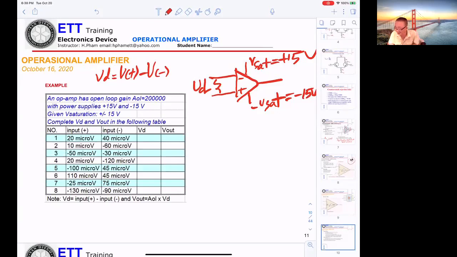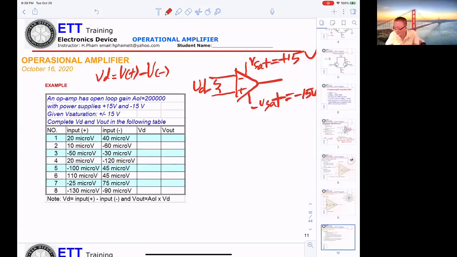So if you're doing the calculation here, it's easy to get VD. The first one, what do you think VD equals? Minus 20 microvolts.